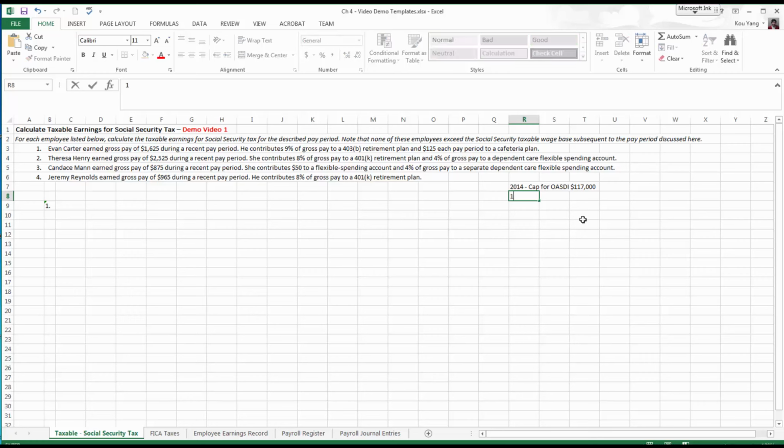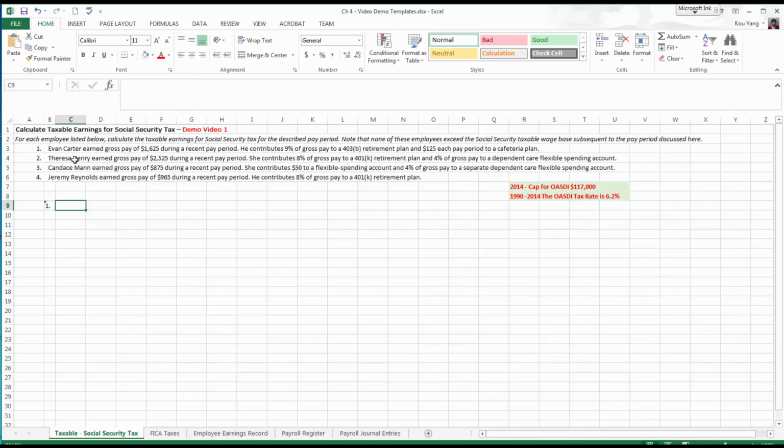So from 1990 to 2014, the OASDI tax rate is 6.2%. Okay, so let's keep that in mind while we are calculating our taxes.